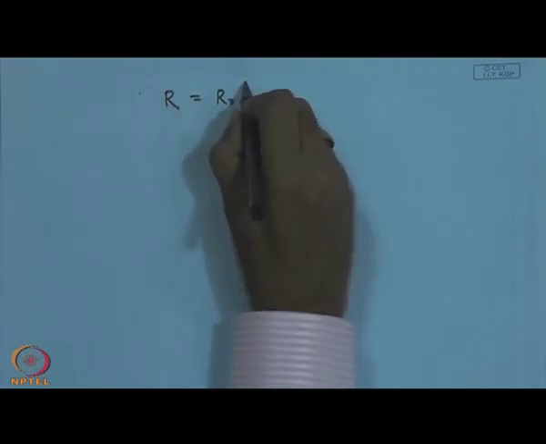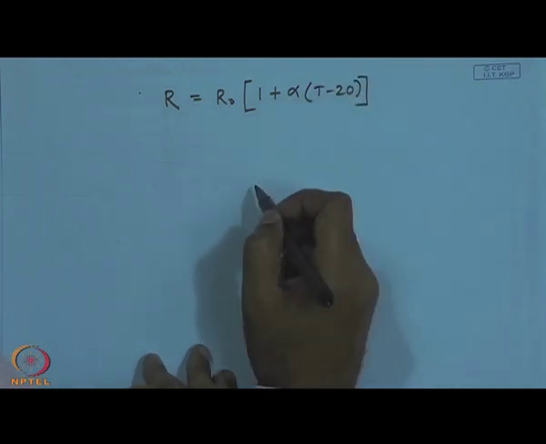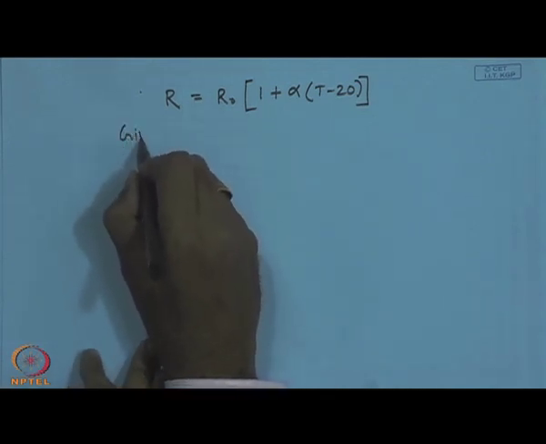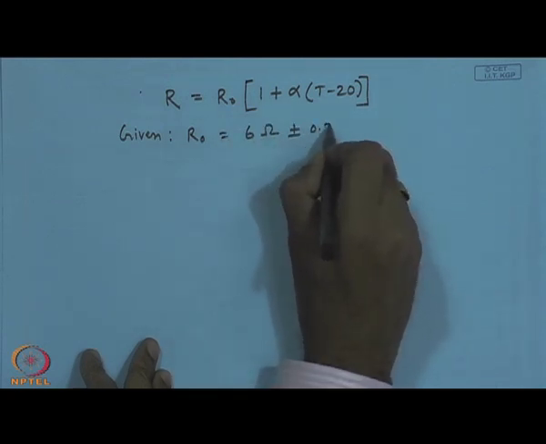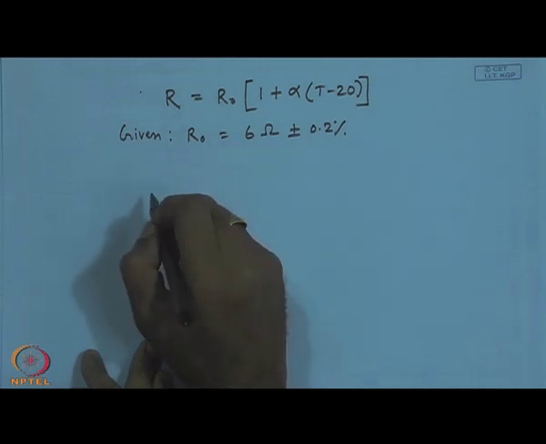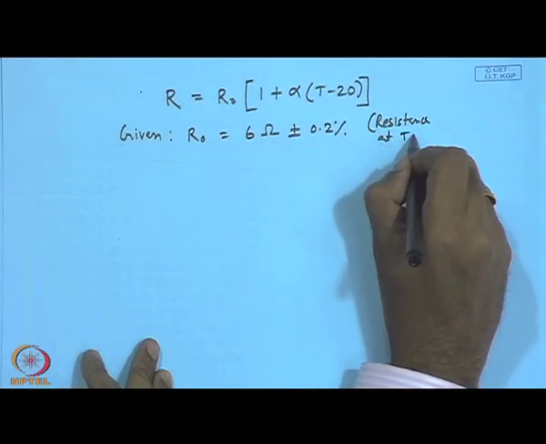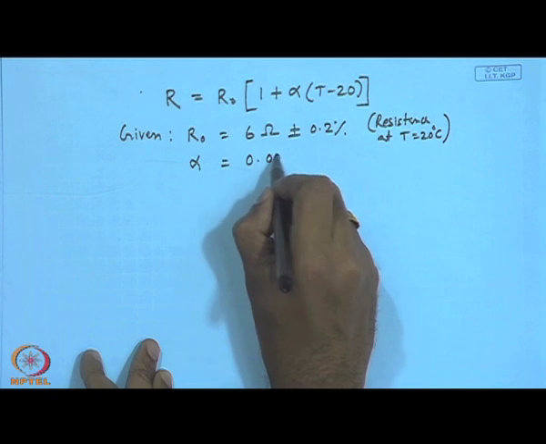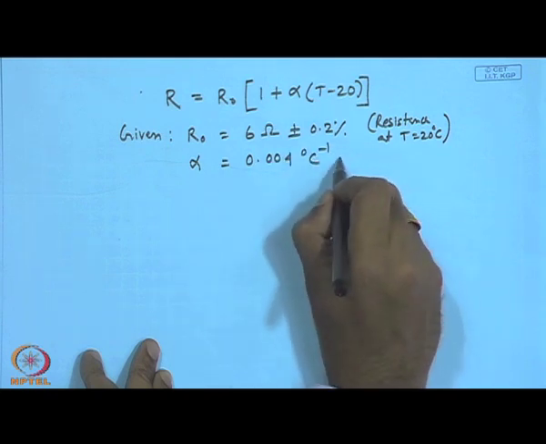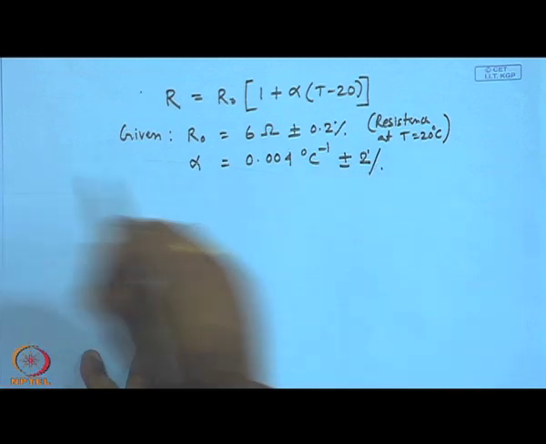What is known is the resistance at T equal to 20 degrees Celsius.